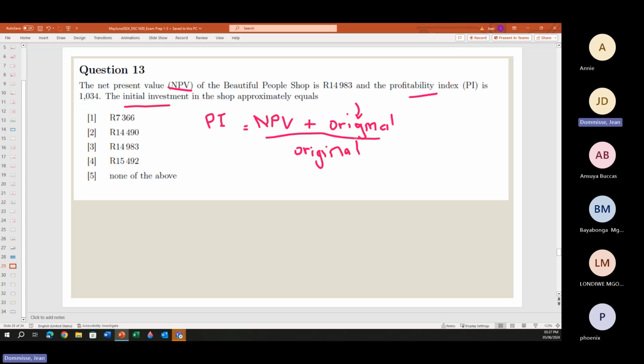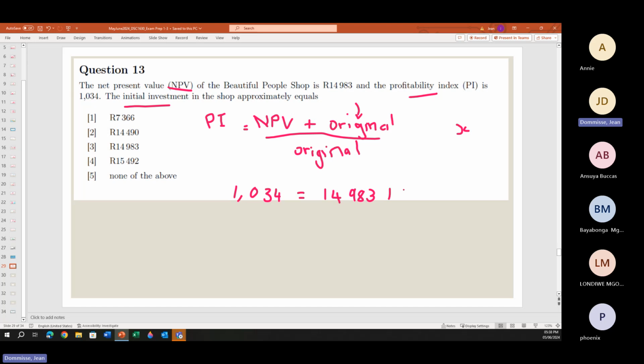So what we will do in this instance is say, okay, let my initial investment be equal to x. We know what our profitability index is, that is equal to 1,034. We know what our net present value is, that is 14,983.